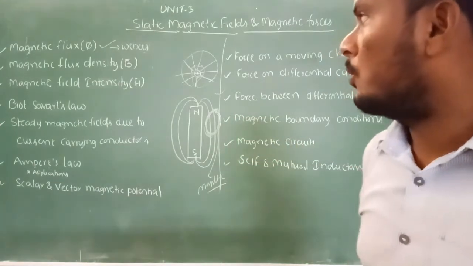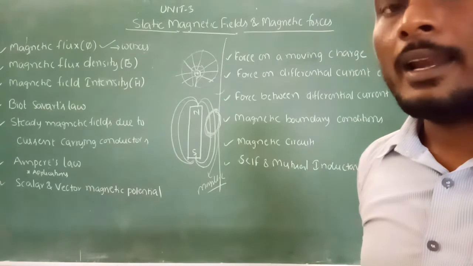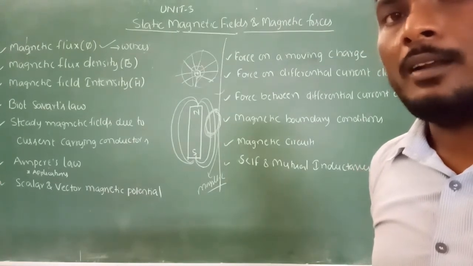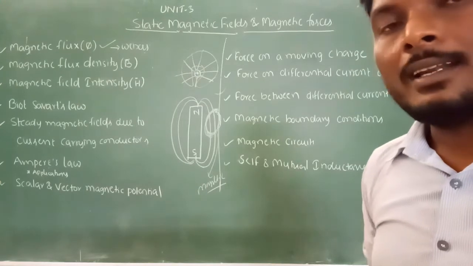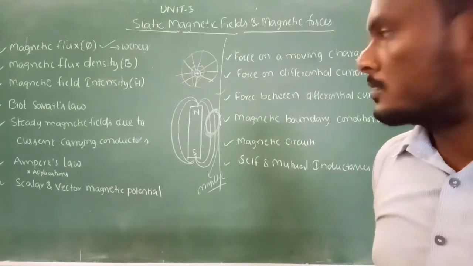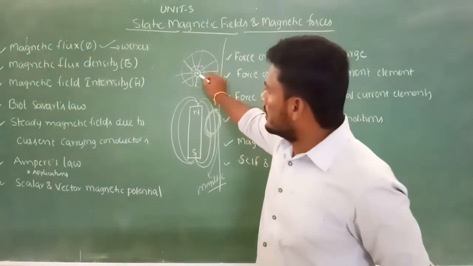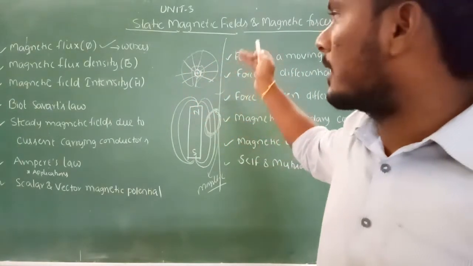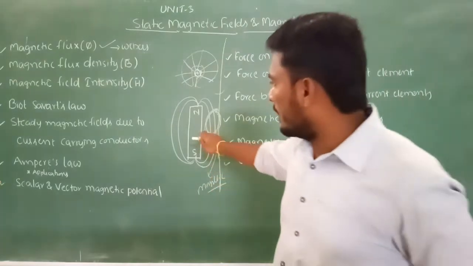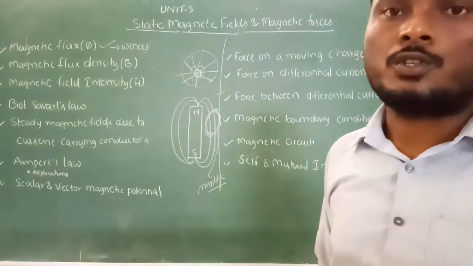Now there is always a relation between magnetic field and electric field. How can you get the magnetic field due to electrical charges? This is your electric charge, and it is in a rest position. Similarly, this magnet is also in the rest position.